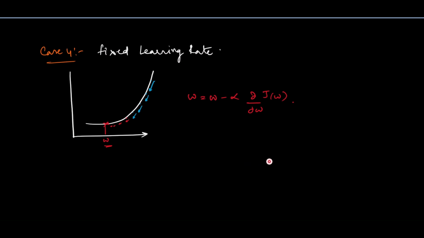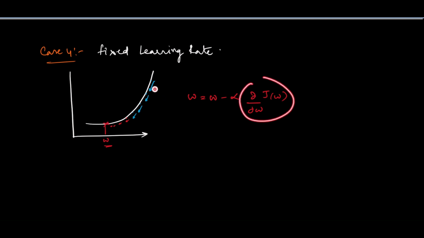Now let us consider the next case where we have a fixed learning rate. Even with a fixed learning rate, we may face problems reaching our local minima. Suppose we are at this position. To reach the minima, we calculate the differential and gradually descend. But as we descend, we face a problem. At this point, the slope is relatively big.